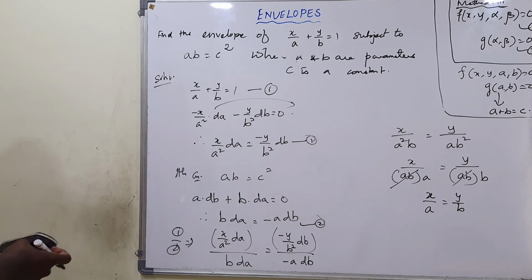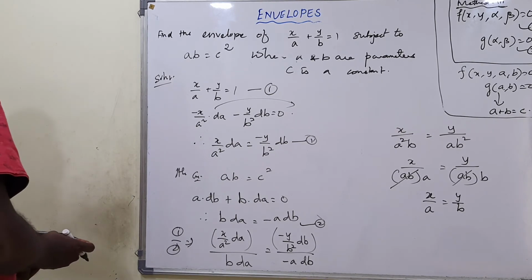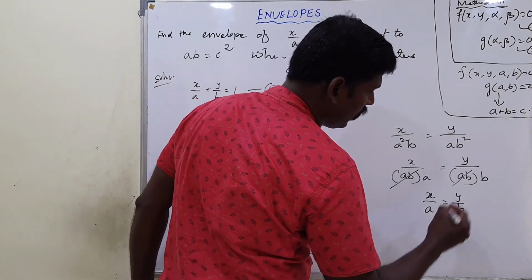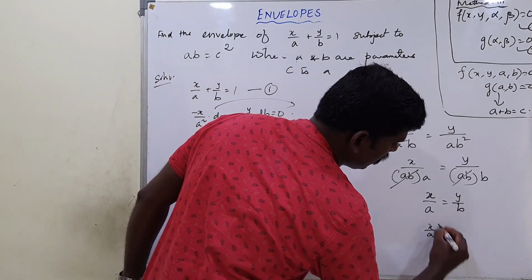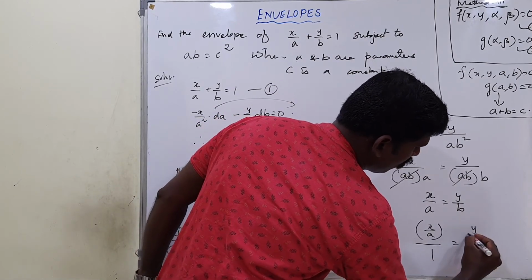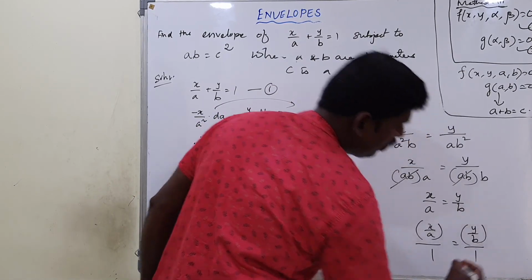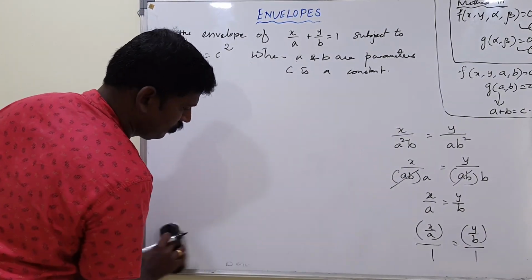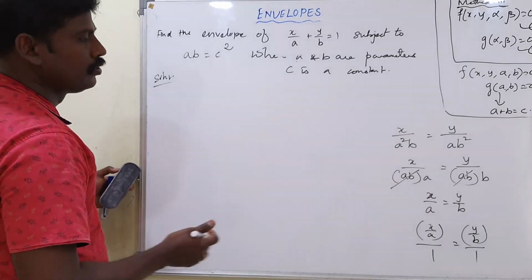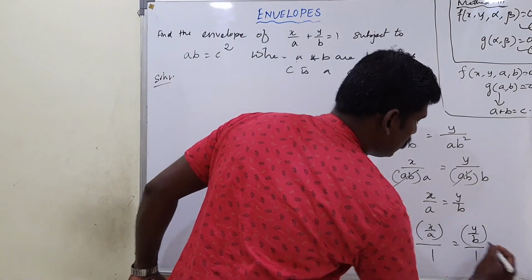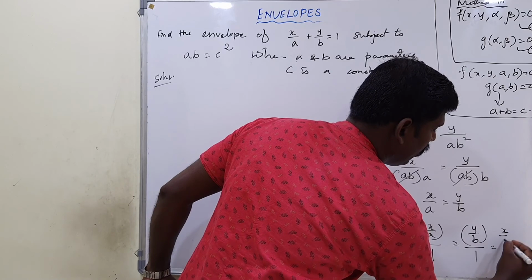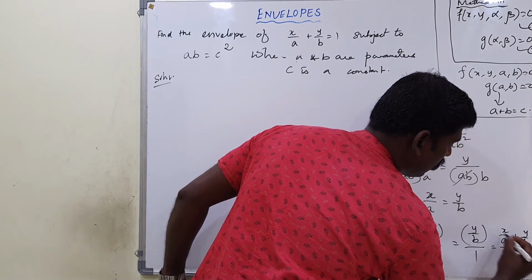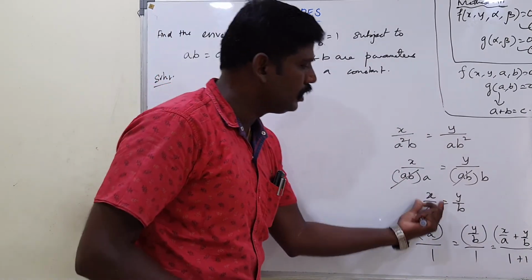Right. Now, how can we write it using the componendo and dividendo method? This can be written as (x/a)/1 = (y/b)/1.